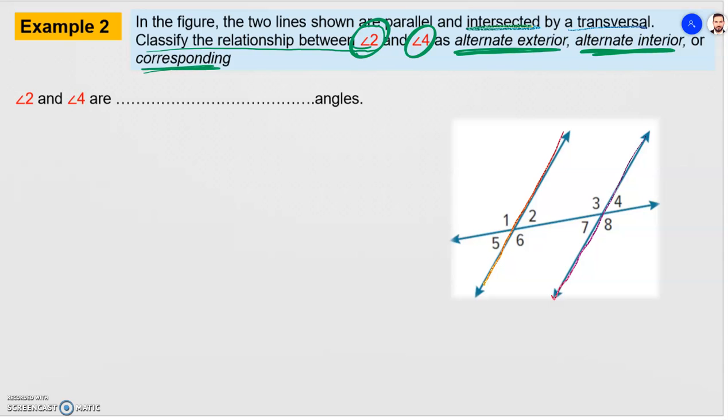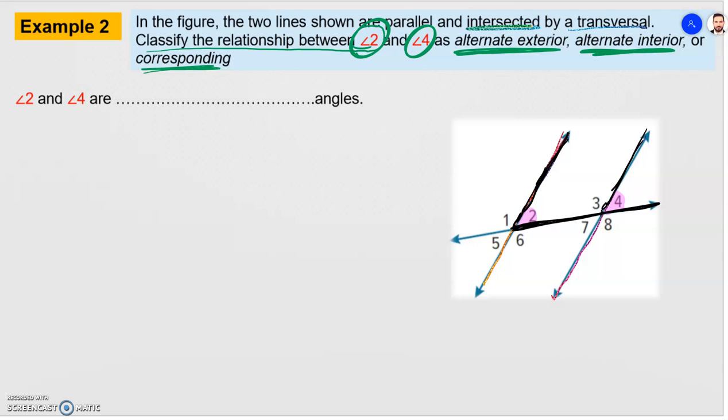Let me see. First of all, where is angle 2? Highlight it, please. This is angle 2, and angle 4 is here. What do you see in angle 2 and angle 4? First of all, they are forming a letter F. I will do it in black. They are forming a letter F, and we said before that letter F is for corresponding angles.